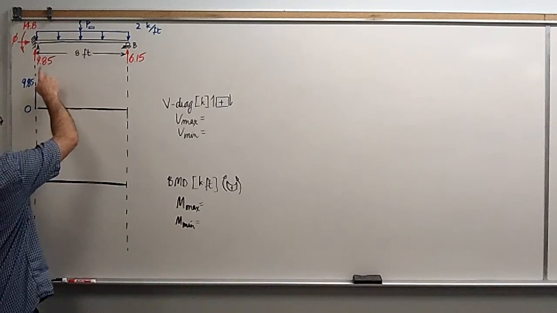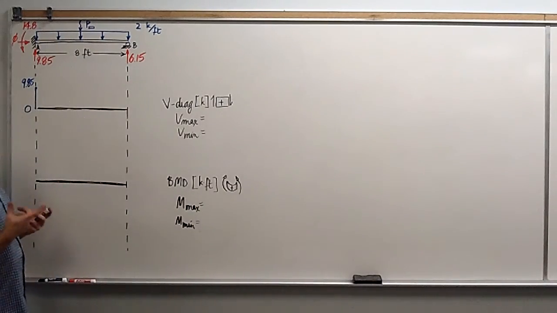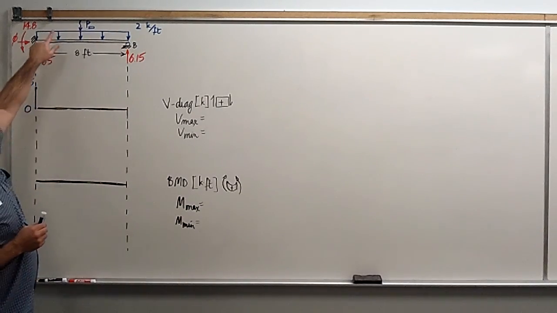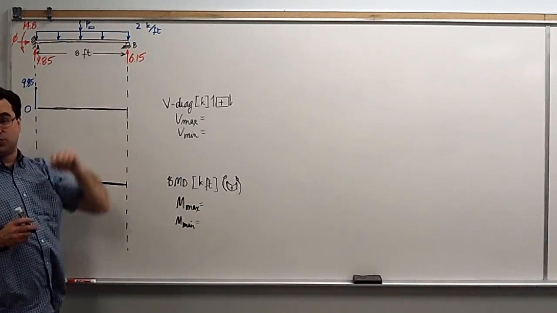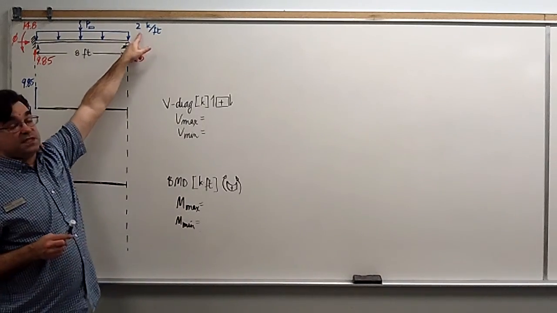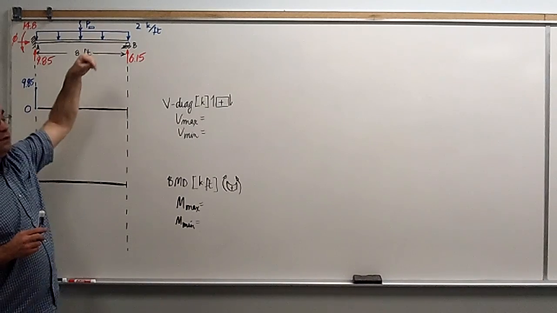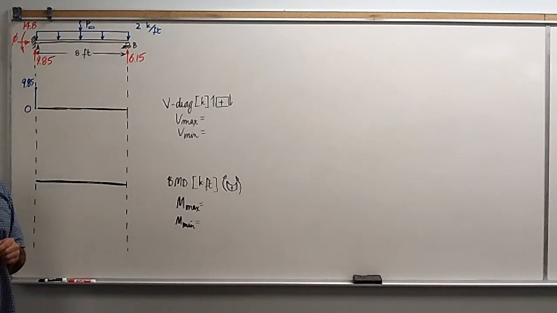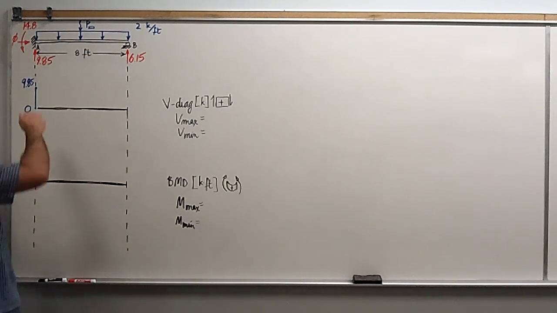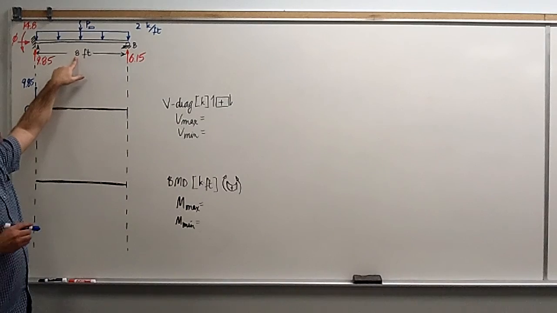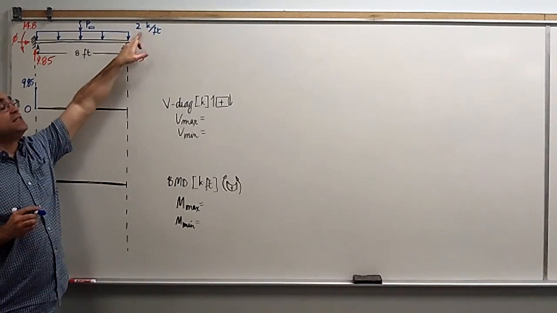So the only other one that I see is this one here, but how do I get from there to there? Well, I must reduce this value of shear by this value of the distributed load. And this one basically says that for every foot we go this way, we go down by 2 kips, because it's the slope of that straight line. So if I go over by 8 feet, that means I go down by 16 kips.